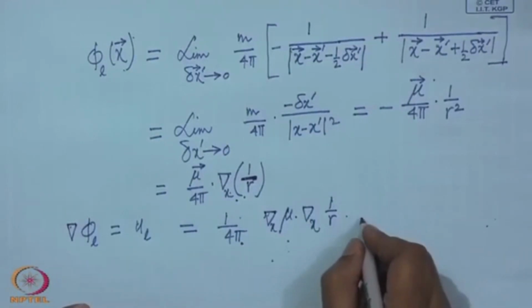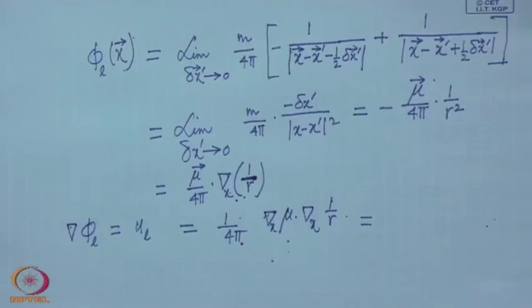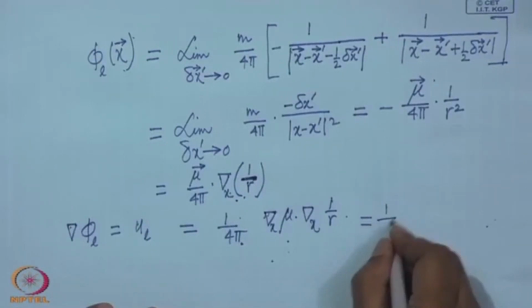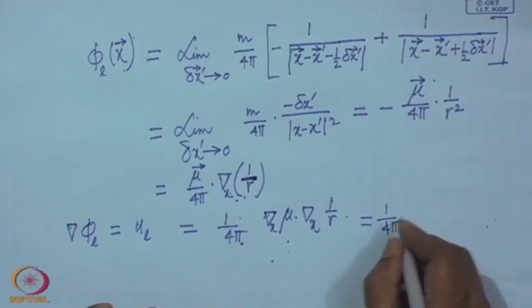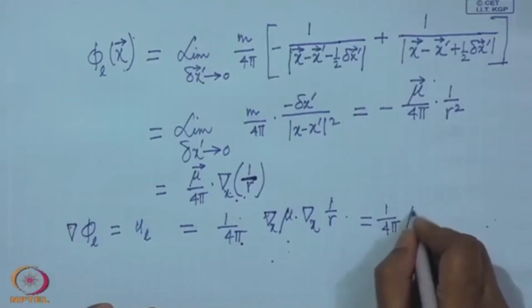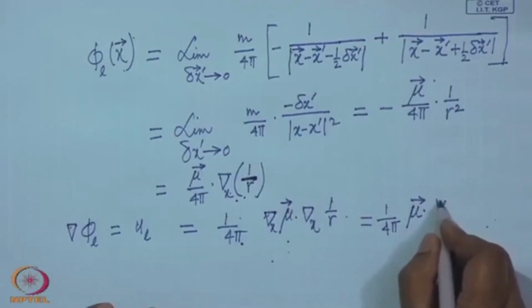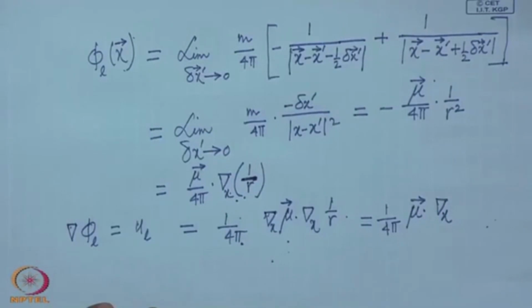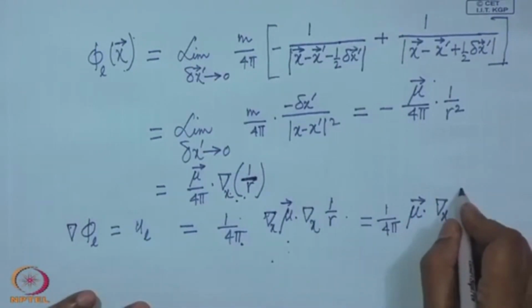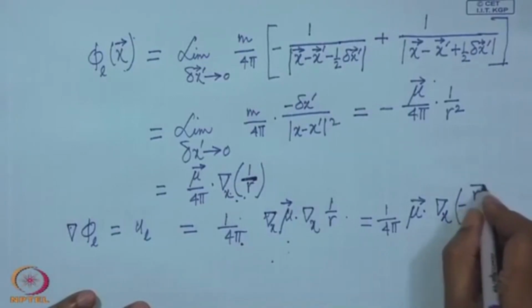Can you evaluate it? What will be the gradient of 1 by r? What is the gradient of 1 by r? Minus 1 by r square in the direction of r. So, we will write it in this fashion.